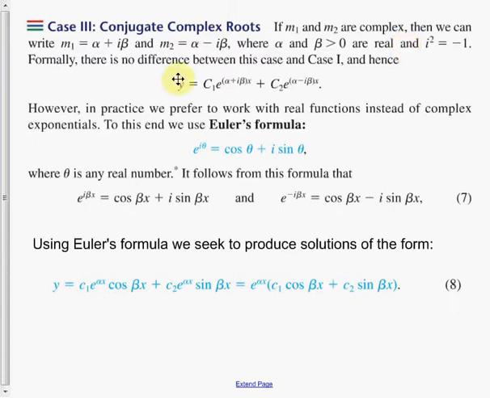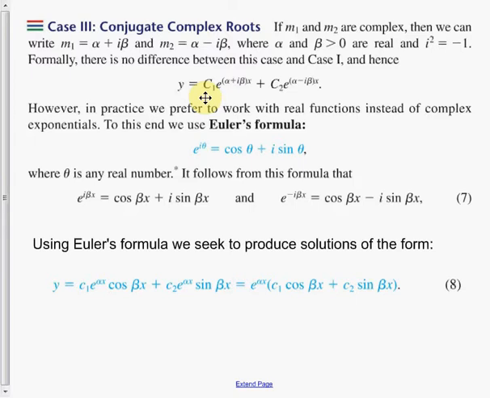So the way you would think we would write the solution is y equals c sub 1 times e to the alpha plus beta i x, plus c sub 2 times e to the alpha minus beta i x. Euler's formula says you can go from e to the imaginary unit of some angle theta and relate that to cosine theta plus i sine theta, and maybe in geometry class you prove that.